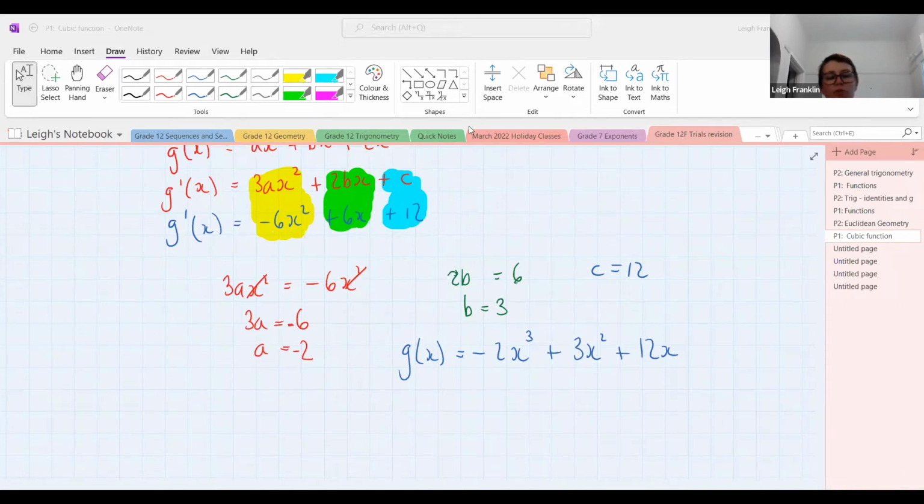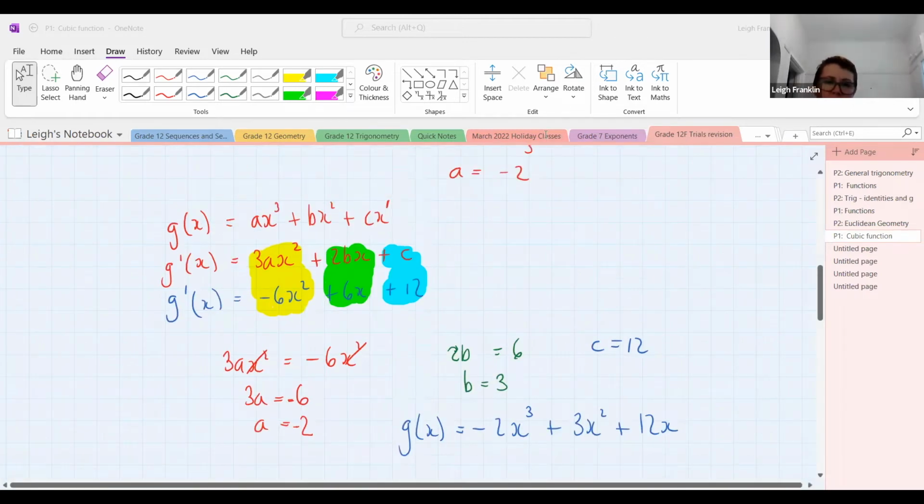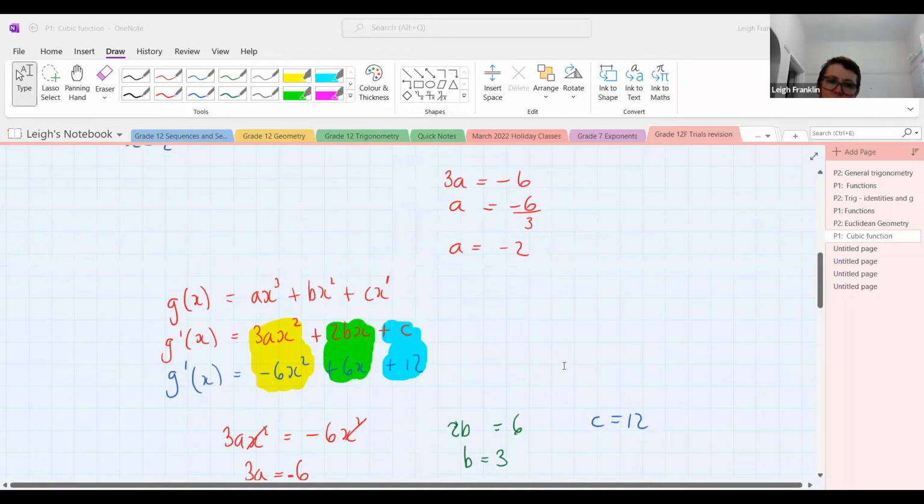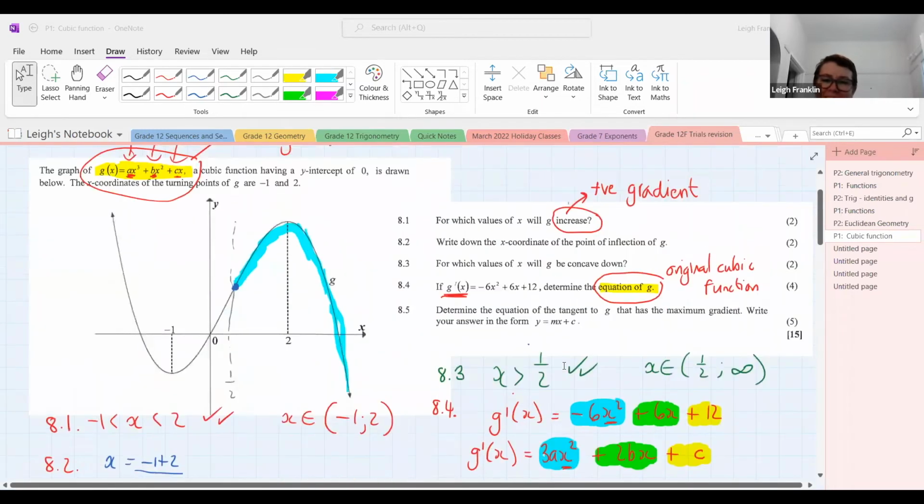Okay, so what did you use if you didn't use inspection, Nick? What method did you use? You factorized backwards. Okay. I'm not 100% sure I understand how you did that. I'd love to see what you've written.